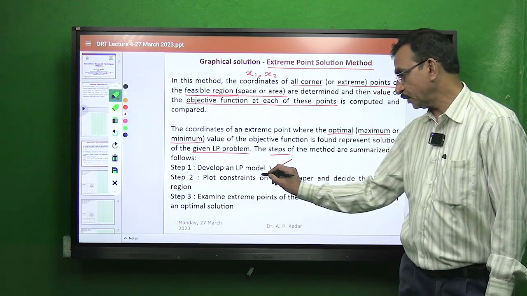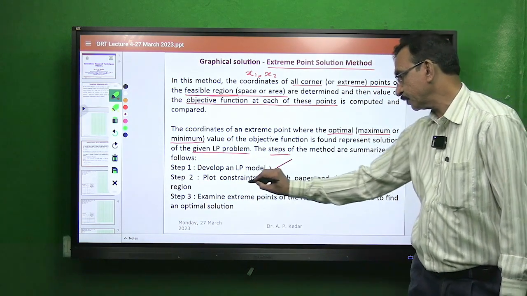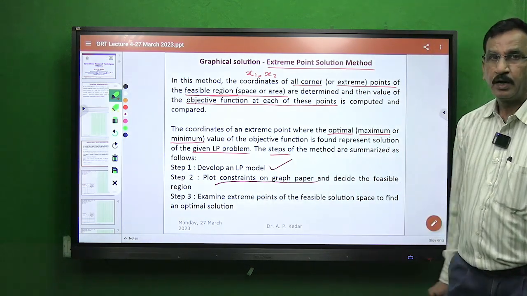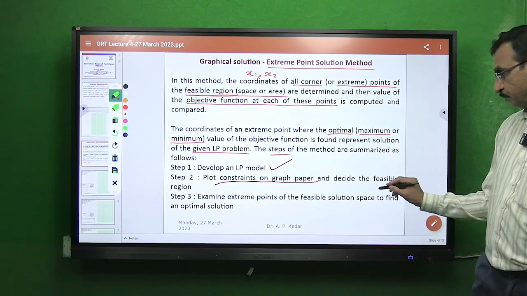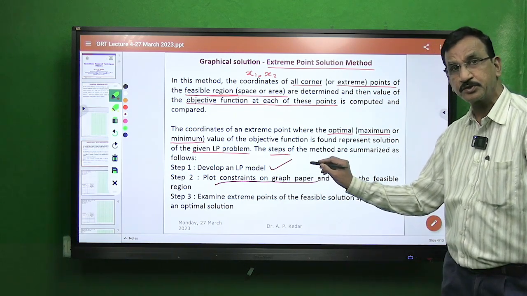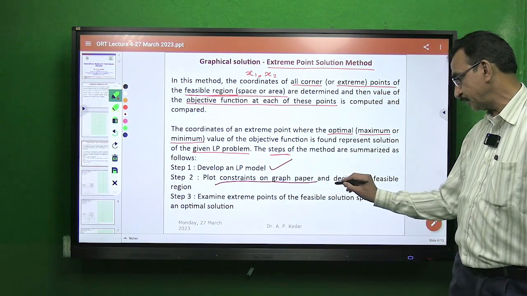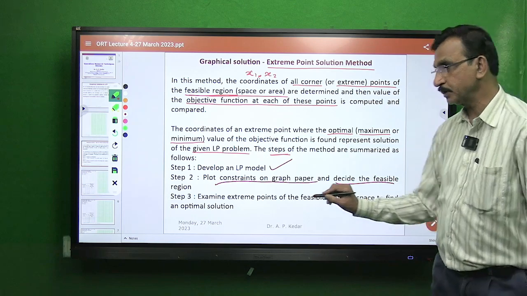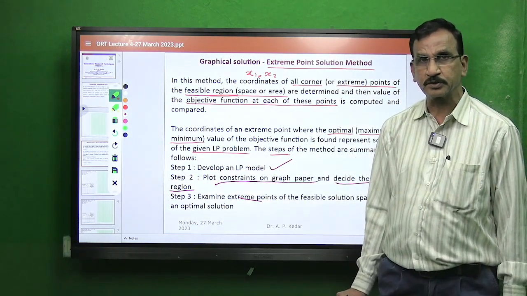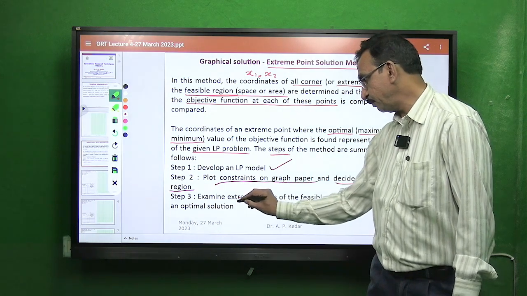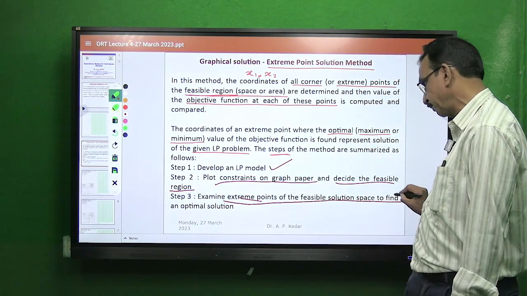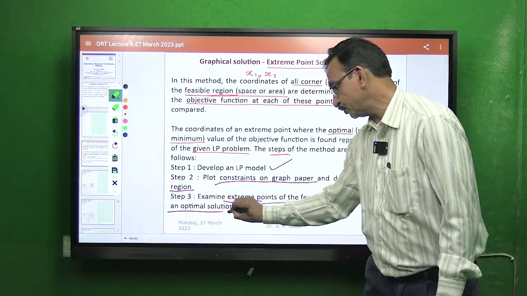Step 2 is plot constraints on graph paper and decide the feasible region. After drawing these constraints on the graph paper in the form of straight lines, we have to decide the feasible region from the identified constraints, and then examine extreme points of this feasible solution space to find the optimal solution.